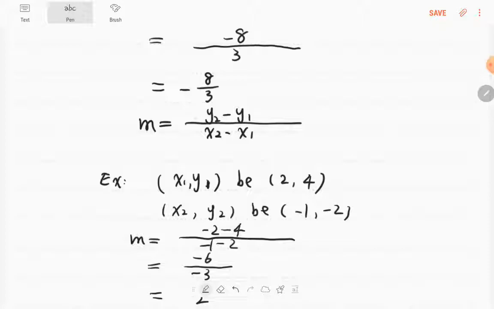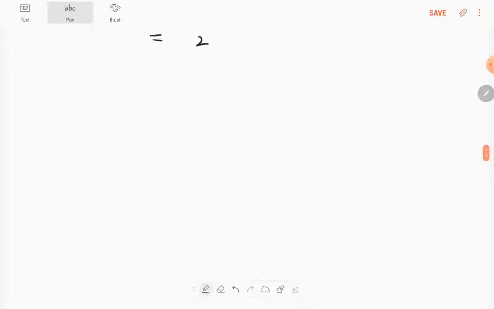So that's change in y divided by change in x. Change vertically divided by change horizontally.